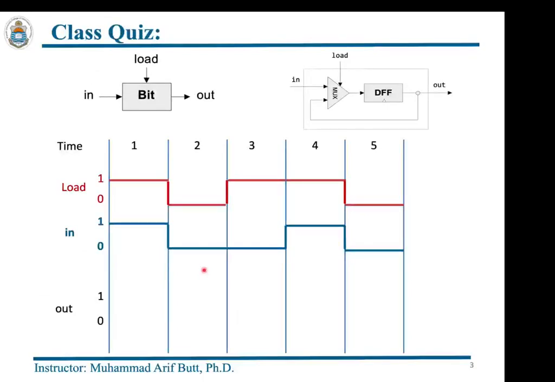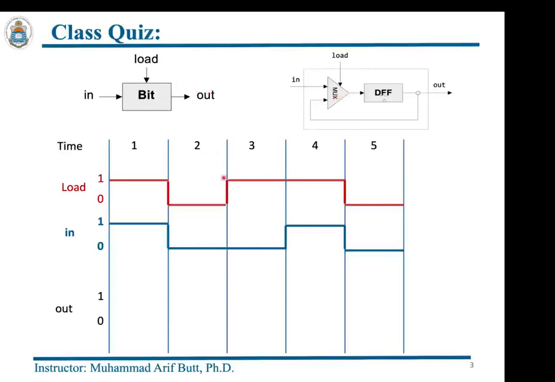Dear students, in the last session, we designed a single bit register using a 2 by 1 mux and a D flip-flop. For your ease, I have given the block diagram and the detailed diagram of the 1-bit register on this slide as well.